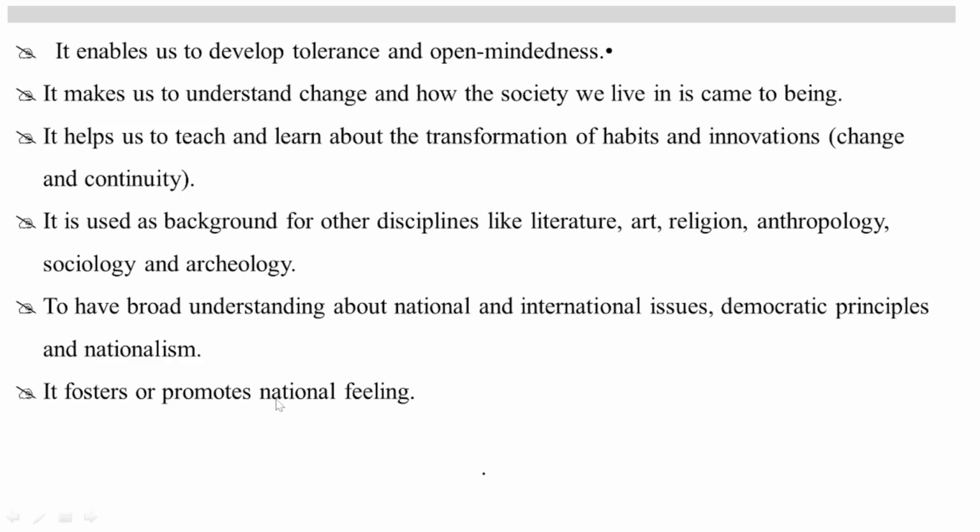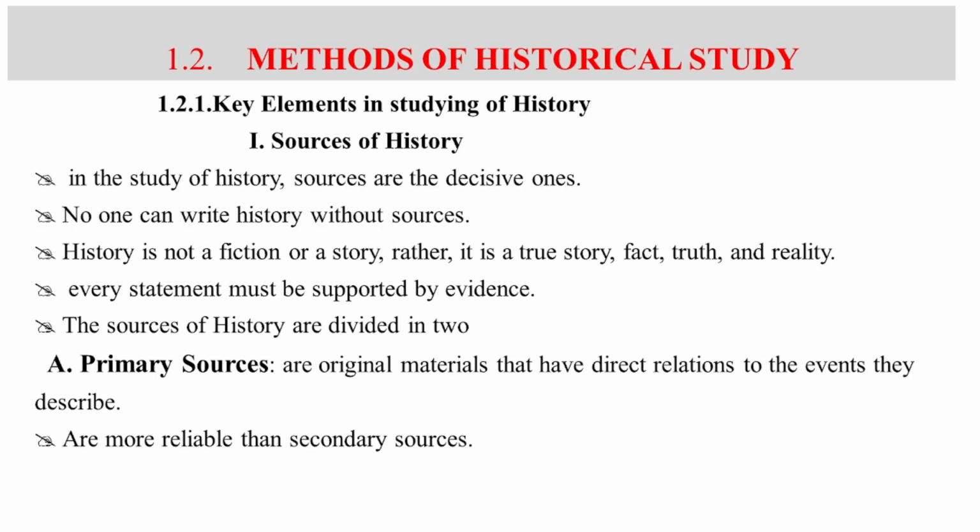So this means purpose of history. History has so many uses for historians, for history students. So learning history is very important for Ethiopian students. This is the most important one. The second is the subtopic method of historical study. Under this subtopic, you will learn about the key elements of history, 4 important elements of history. As the other one, you will learn about periodization.